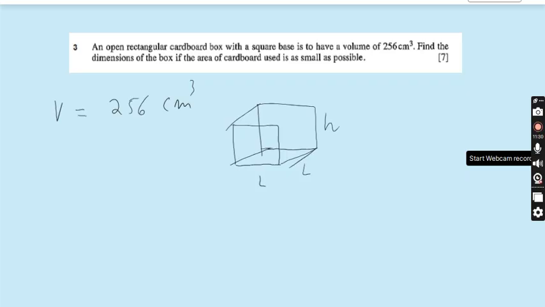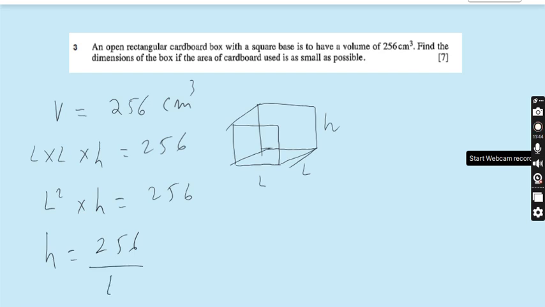The volume means L into L into H is equal to 256. L into L is L square into H, 256. Then H is equal to 256 upon L square. The requirement is we have to find the dimensions, that is length and H.